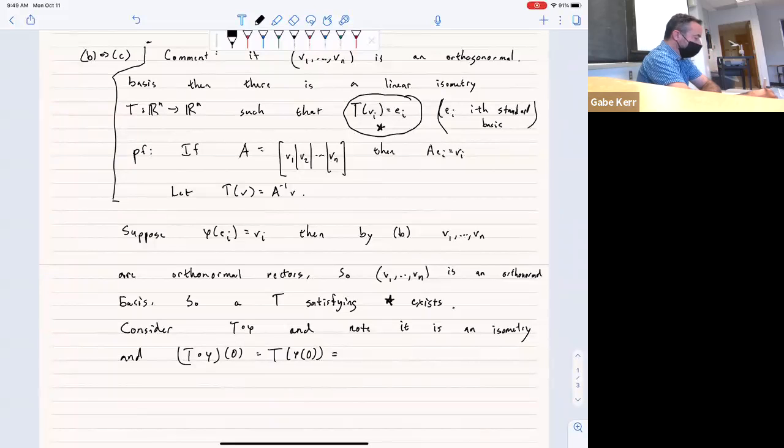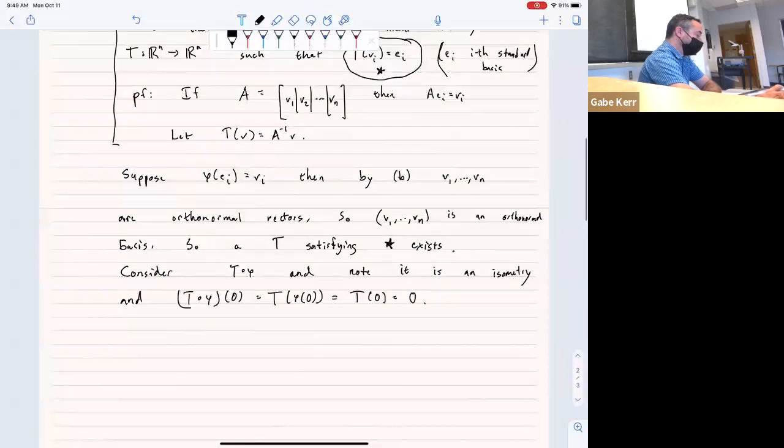I know I'm only assuming B, but if I take B of 0 and dot it with itself, it's 0. So B of 0 must be 0. It's an isometry that satisfies that it sends 0 to 0. So by what we proved, that A implies B, it preserves dot product.